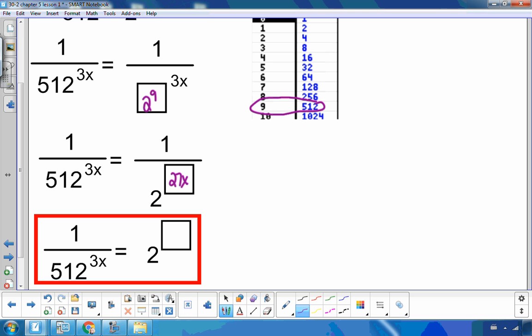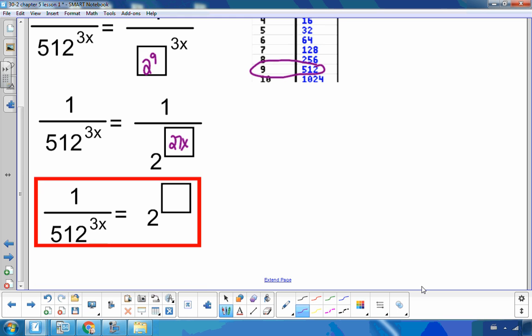And then I can write that, because I want it as a power of 2, and right now it's not a power of 2. So I'm going to use my negative exponent law. To bring this up to be a base of 2, it's going to be a negative exponent. So I just want to review negative exponents with you guys. If you have x to the negative n, that's the same as taking the reciprocal of the base, and now the exponent is positive.